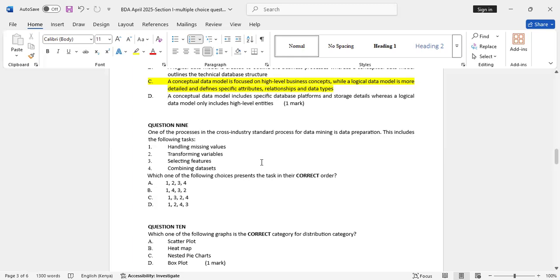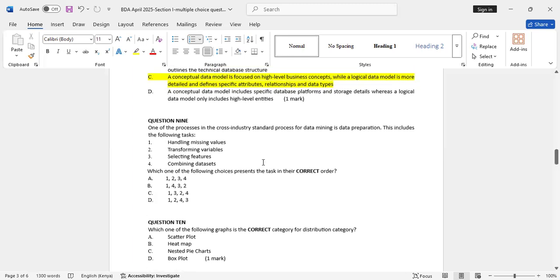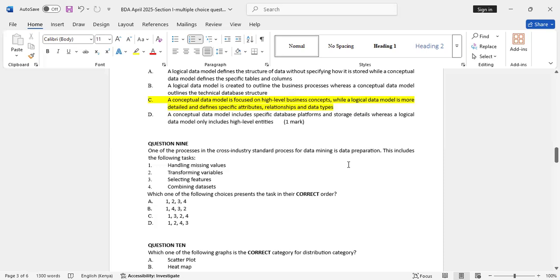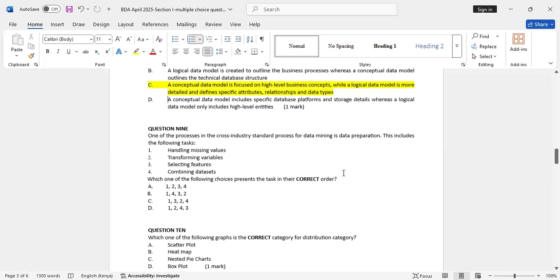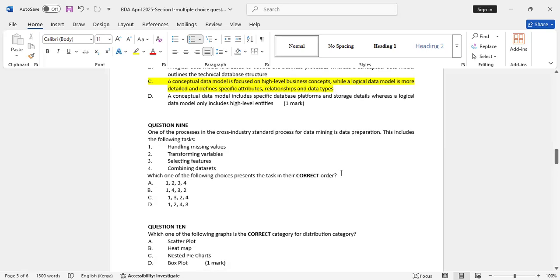So the correct order means from the beginning to the end, under data preparation. Here you have to know what data preparation is all about to answer this question correctly. So I'll start with A. A, number 1, is handling missing values.